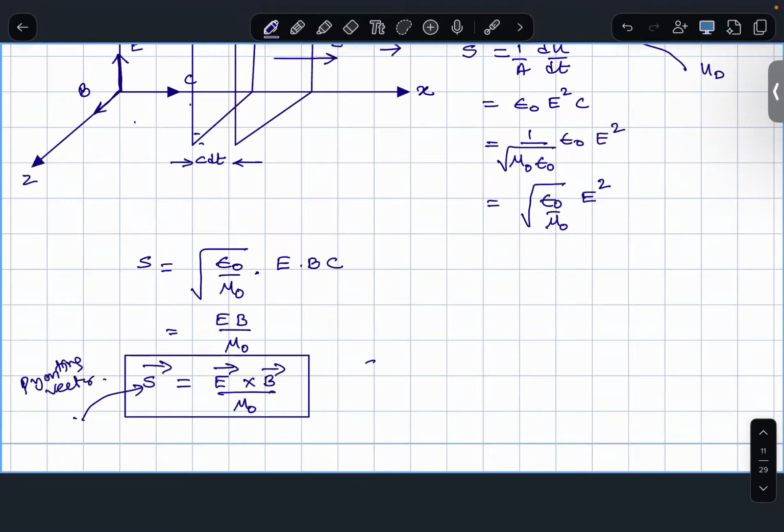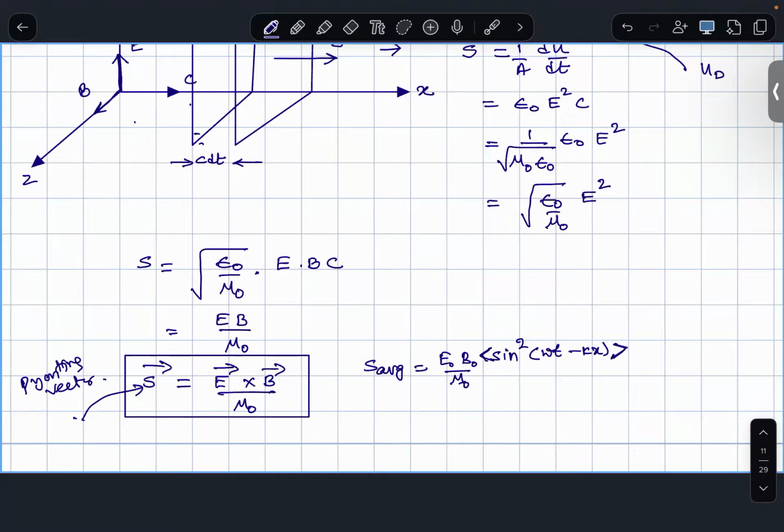If I take S average value, what will you get? One minute. I can write E naught, I can write B naught, sin square omega t minus kx by mu naught, average value of this function.